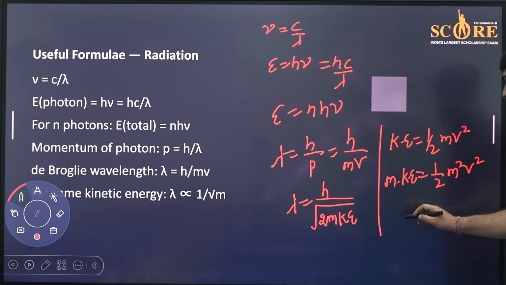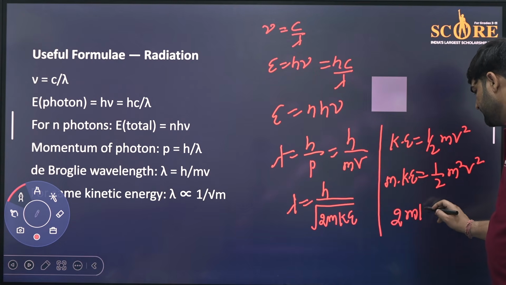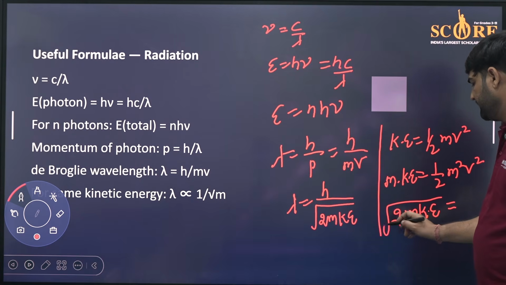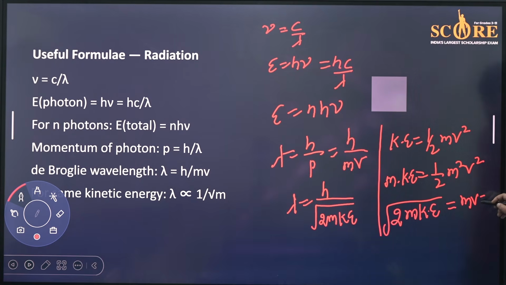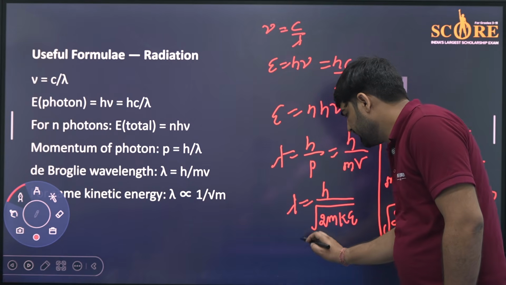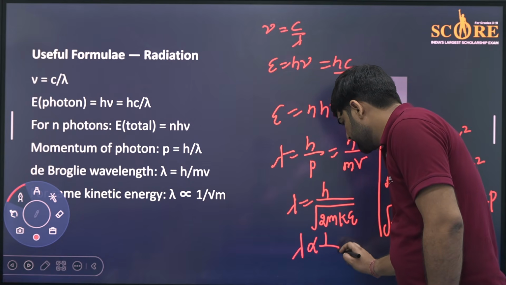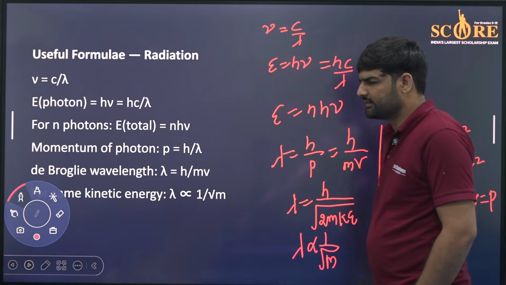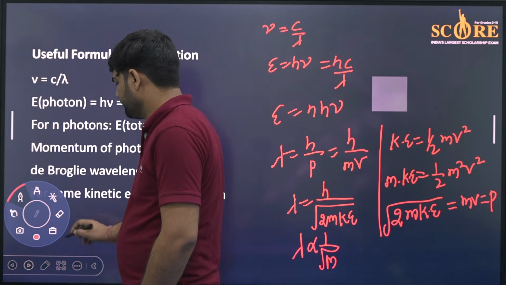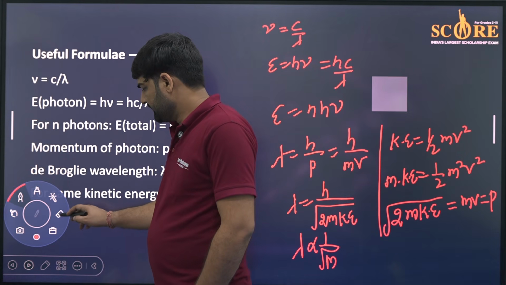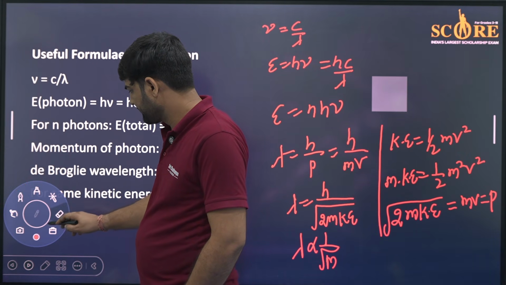Multiply by 2 m kinetic energy, this will be mv, and mv means momentum. So if kinetic energy is the same, this is constant, then you can write lambda equals h upon root 2m kinetic energy. So these are some basic formulas related to atomic models.